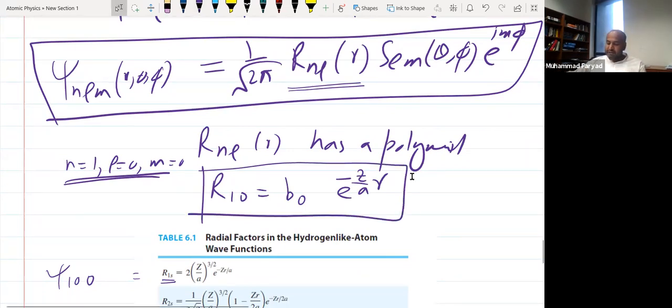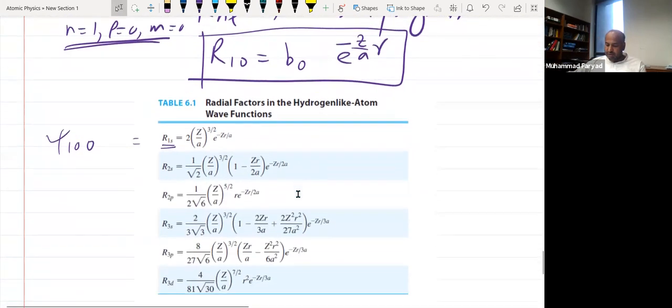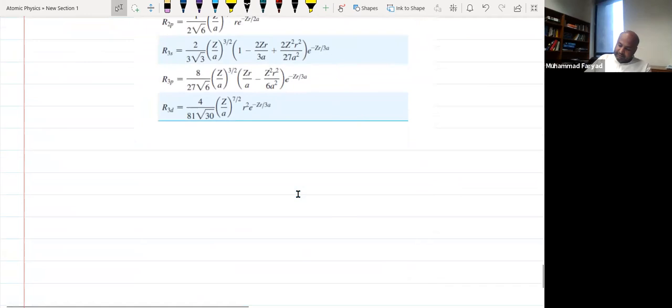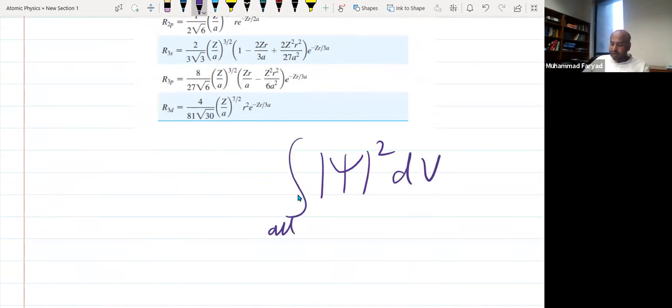And we can find this b_0 by normalizing. So the normalization requirement is this. We don't have to normalize this function alone; we have to normalize the whole wave function. The normalization requirement is that the total probability over all space should be 1.